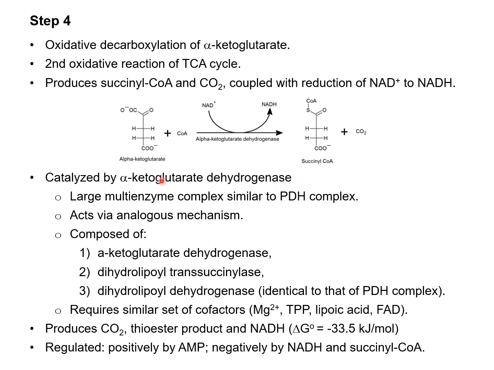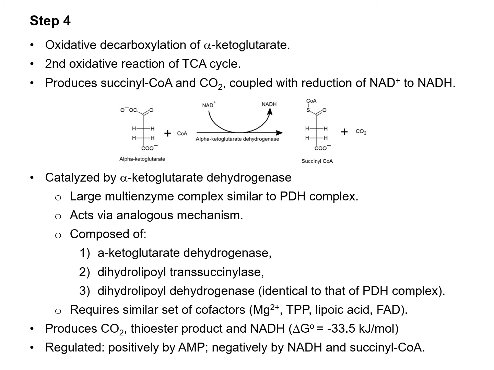And this enzyme is composed of three components: alpha-ketoglutarate dehydrogenase, dihydrolipoyl transsuccinylase, and dihydrolipoyl dehydrogenase, which is identical to that of the PDH complex. And this enzyme requires a similar set of cofactors as the PDH complex, such as magnesium ion, TPP, lipoic acid, as well as FAD.